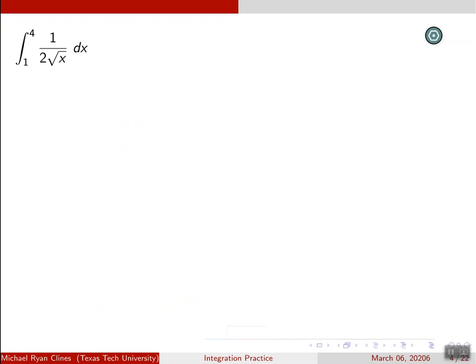All right, for this example, it looks pretty similar to that first example we did, except the problem now is we have this square root in here we have to deal with. So let's tackle this. We can rewrite this square root as an exponent, which you should always do. If you don't, then you have to memorize a lot of rules to do with square roots, and that just gets tedious.